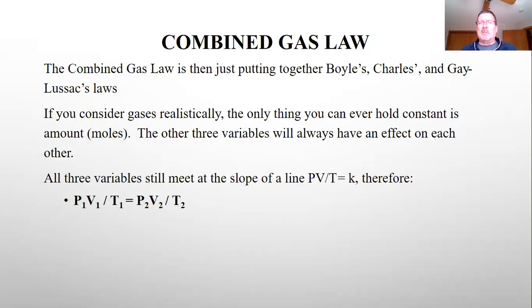Because the other three, pressure, volume, and temperature, are always going to interact and affect each other. We're talking gases here. The only way to hold a gas at constant volume, of course, is to put it in a container, but that's only the container staying constant. The gas is expanding and contracting within that container. Okay. Which is, again, then changing the pressure.